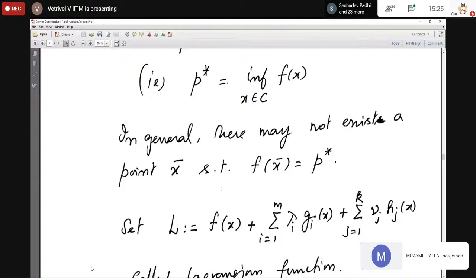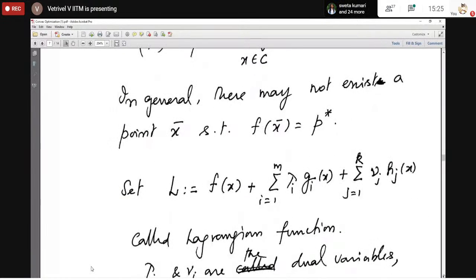Now, what I do is find a set of constants. I take lambda 1, lambda 2, ..., lambda m, an m-tuple, and a k-tuple, nu 1, nu 2, ..., nu k. And then I form this combination: f(x), the objective function, plus sum of lambda_i g_i(x), plus sum of nu_j h_j(x). This is called the Lagrangian function.